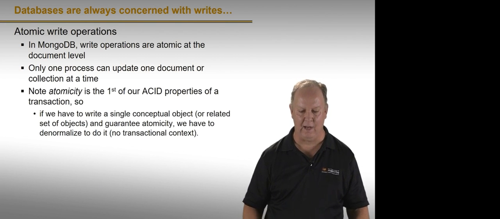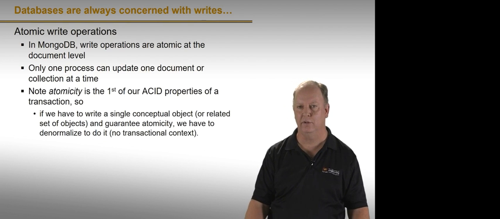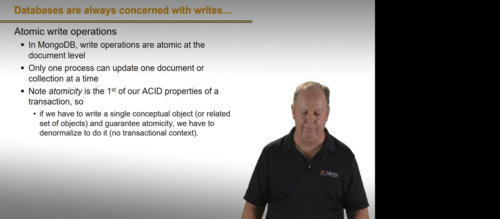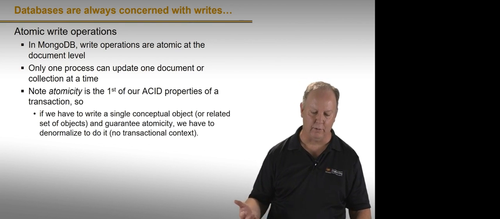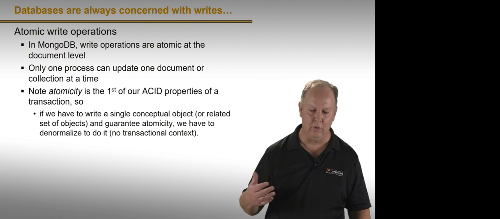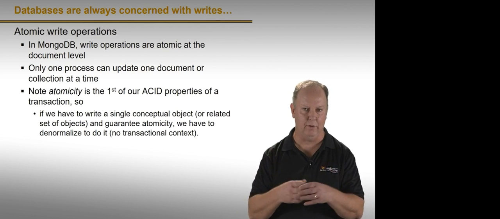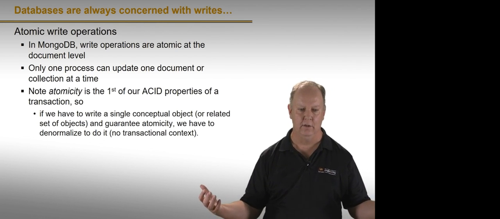In fact, that atomicity that we're talking about is the first of those, right? That's the A in the ACID properties of a relational database transaction. So if we have to write a single conceptual object, a related set of objects, and guarantee atomicity, we can, but you have to denormalize it to do it in a relational database, right? So you can write it to one table. You're basically putting things across those joins, right?